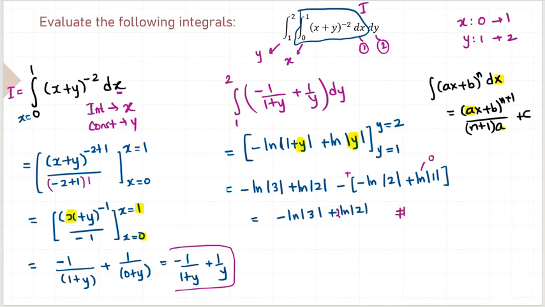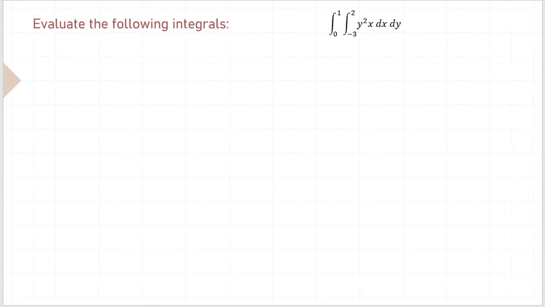Okay. Let's quickly take one more example. Doing it in the same way, what we have to do is evaluate this integral: integral from minus 3 to 2 of y square x dy. So here we have to integrate with respect to y.